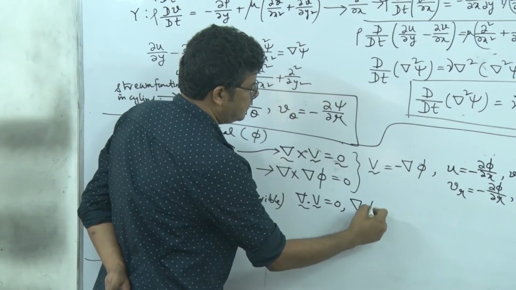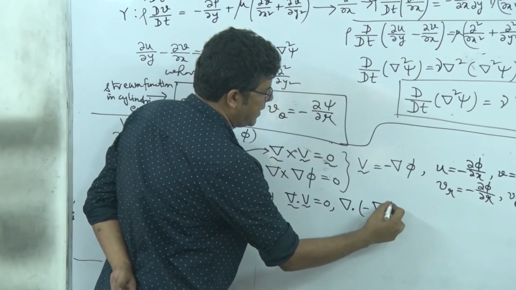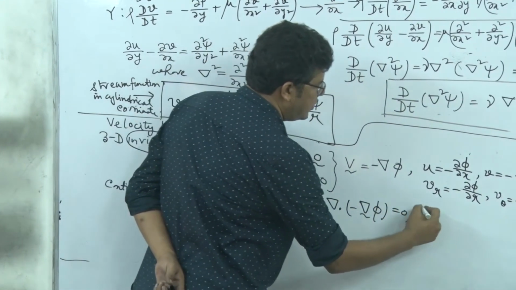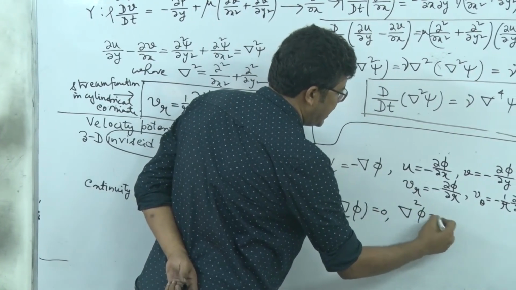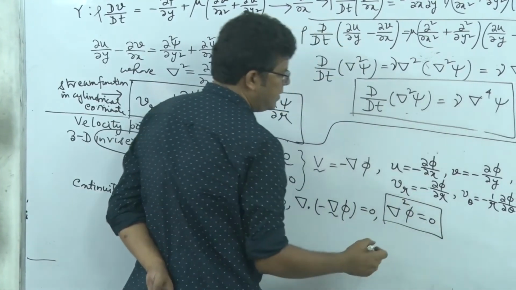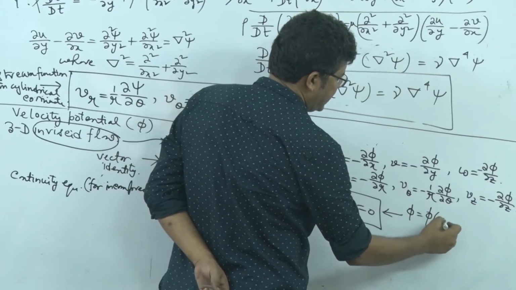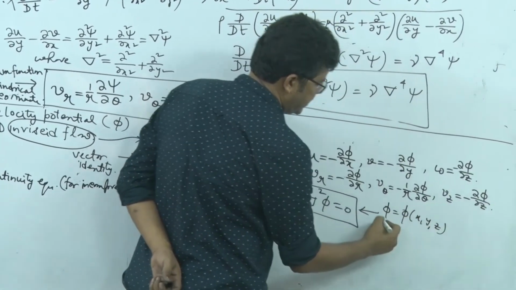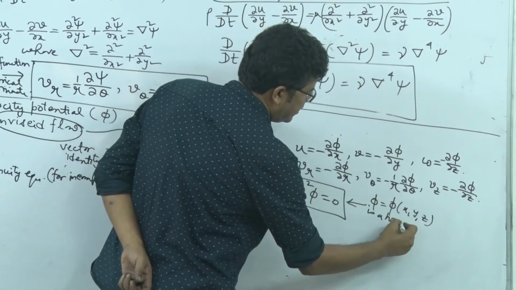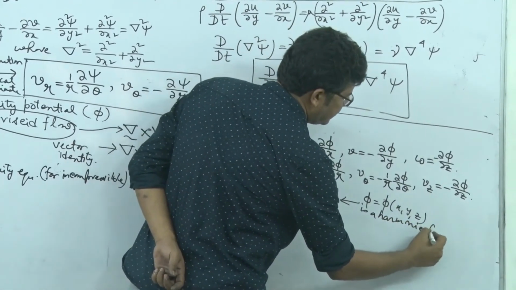Now, this is del dot minus of grad of phi is equal to 0. So it will be a harmonic function. Right? So phi of x, y, z for steady state is a harmonic function.